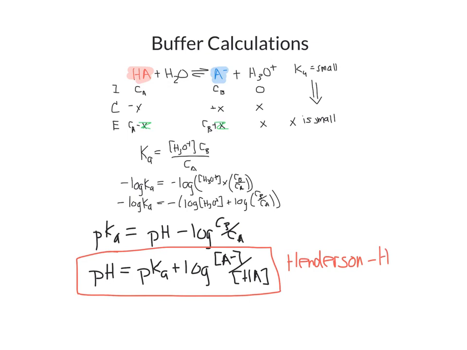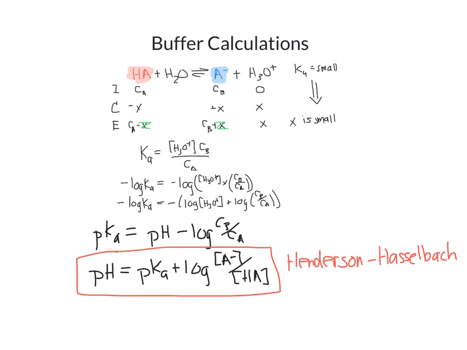And you can use this equation to solve for the pH of a buffer solution, or alternatively, if you know the pH of your buffer solution and you know the pKa of your acid, you can solve for the ratio of conjugate base to conjugate acid that must be present in that solution.